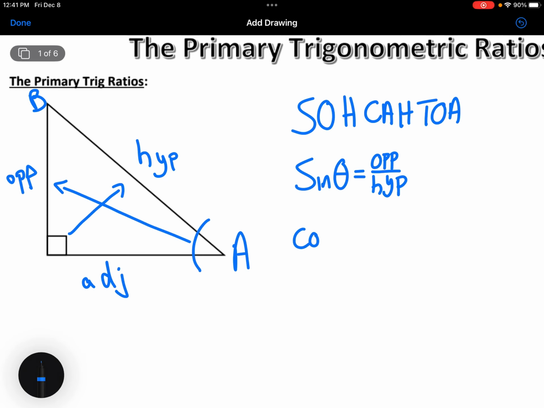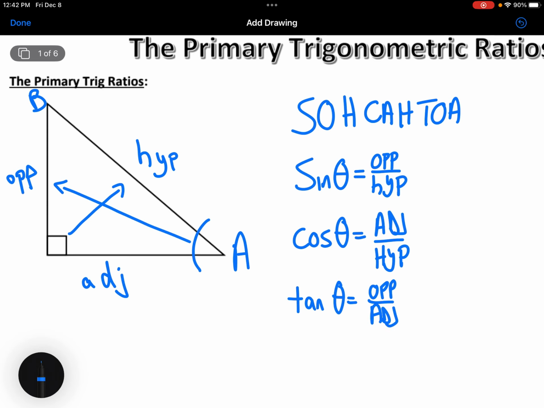Cos of theta is equal to adjacent over hypotenuse. And tan of theta is equal to opposite over adjacent. So when we look at those trig ratios, it's what ratio is it, and then what divided by what each time.